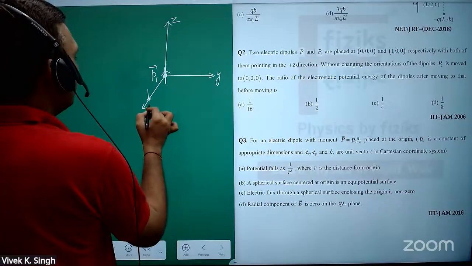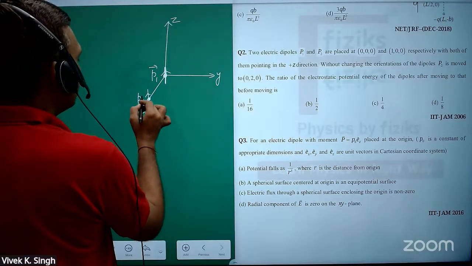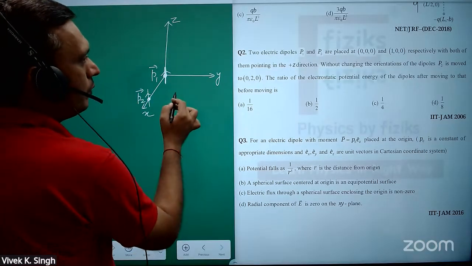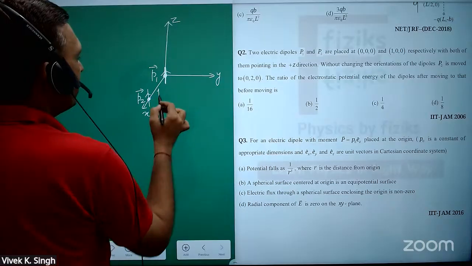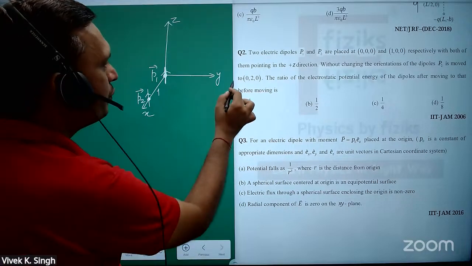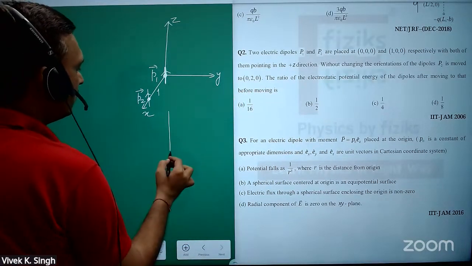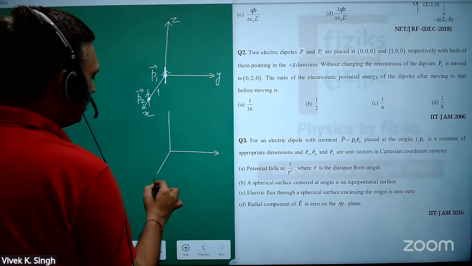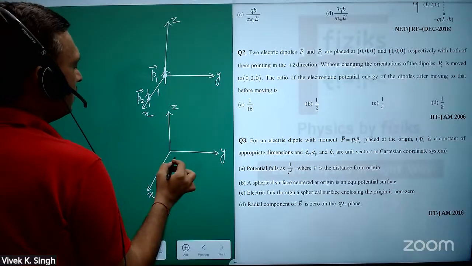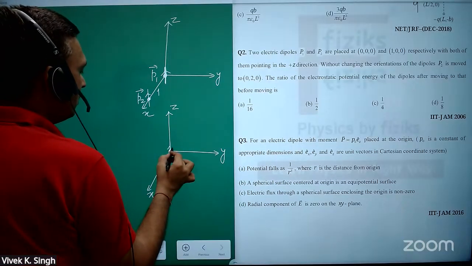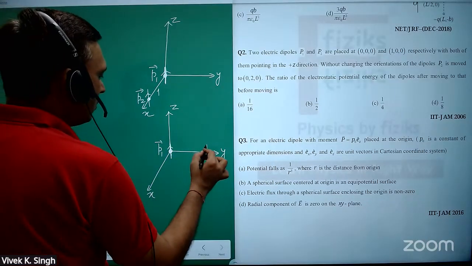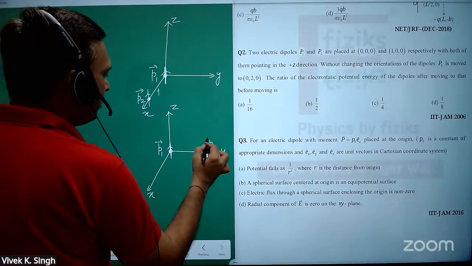Both are pointing in Z direction. So this distance will be 1 unit. And without changing the orientation of dipole, P2 is moved to 0, 0, 2. This is P1. This is P2.